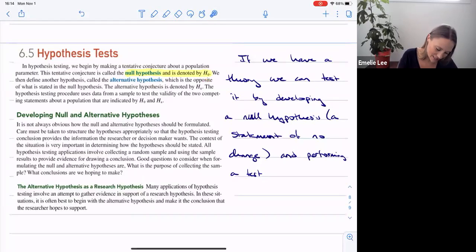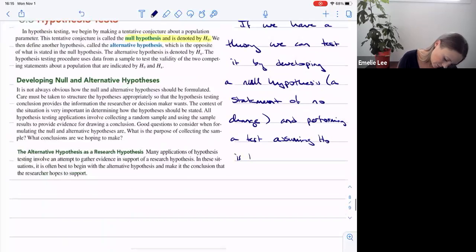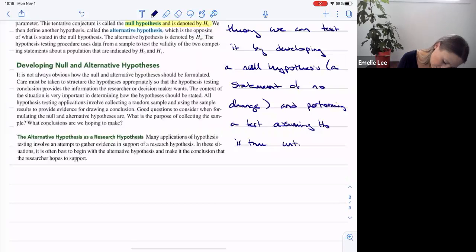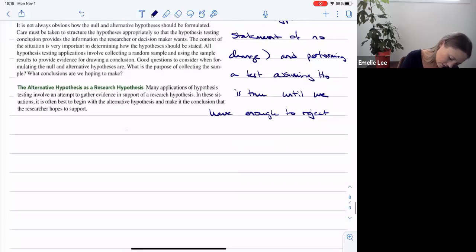And performing a test, assuming H naught is true until we have enough evidence to reject H naught in favor of HA.